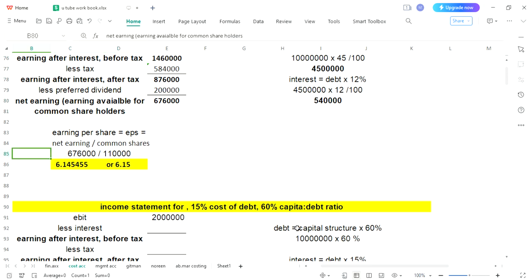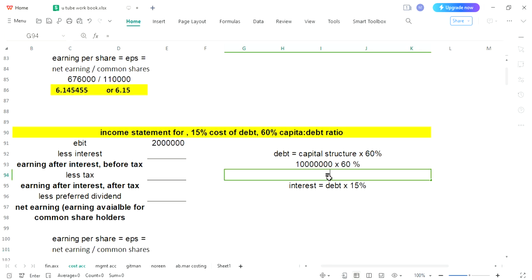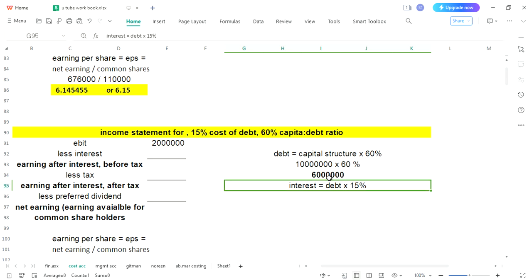So guys, we are now open to calculate our total debt, for which 10 million was your capital structure. You will multiply it with 60 divided by 100. So we have got our total debt. Now interest would be calculated, for which we need our debt.